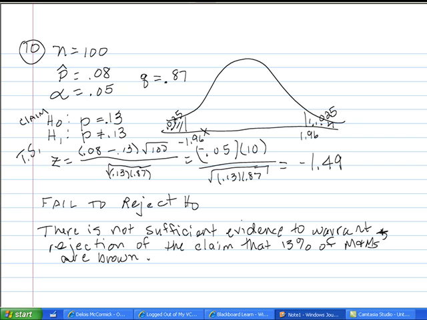I kept thinking that's not right. 1.49 is 0.0681. So the p-value is coming from the test statistic. Alright, and because we have two tails, we have to double it.